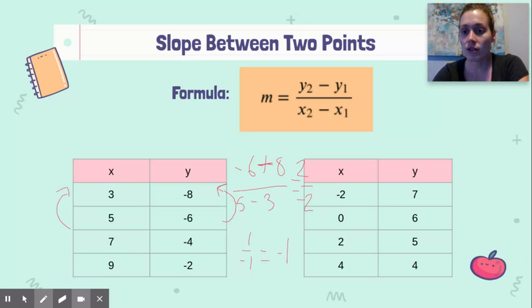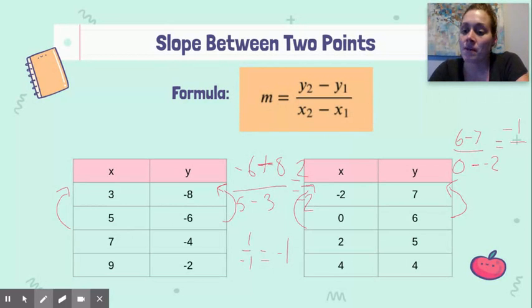So let's look at the next table. You should have done y2 minus y1. So any 2 points would do. If I use the first 2, I'm going to do 6 minus 7 in the numerator. And then I'm going to do 0 minus negative 2 for the x's in the denominator. And so 6 minus 7 gives us negative 1.